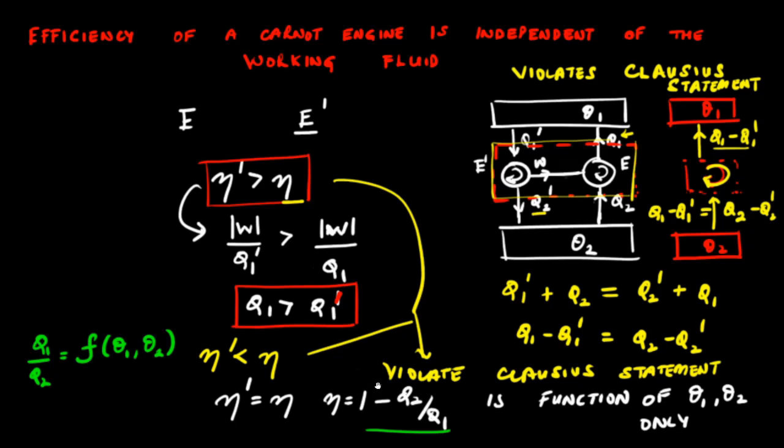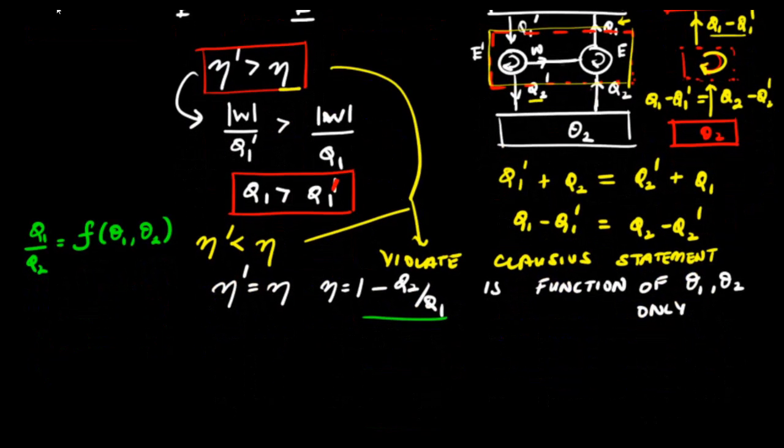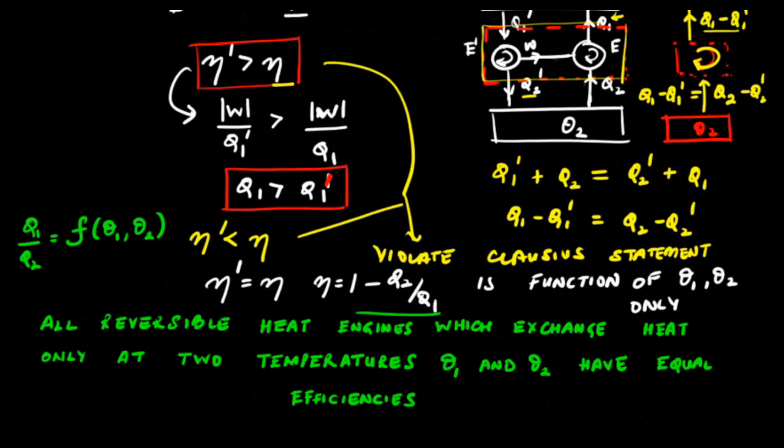So what we conclude is that all reversible heat engines which exchange heat only at temperatures theta 1 and theta 2 have equal efficiencies. And from this we concluded that Q1 over Q2 is a function of the temperatures of the thermal reservoirs, that is temperatures theta 1 and theta 2.